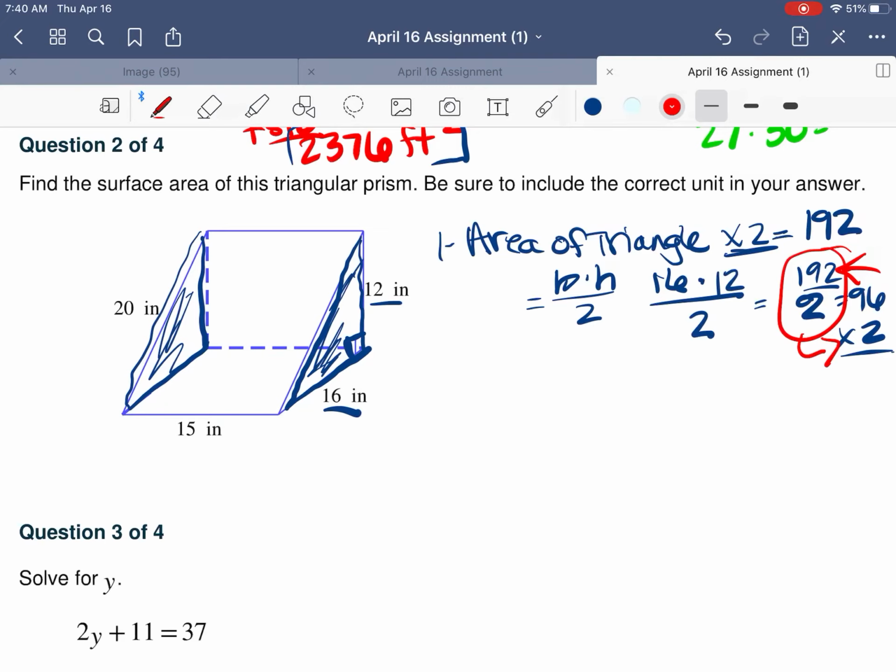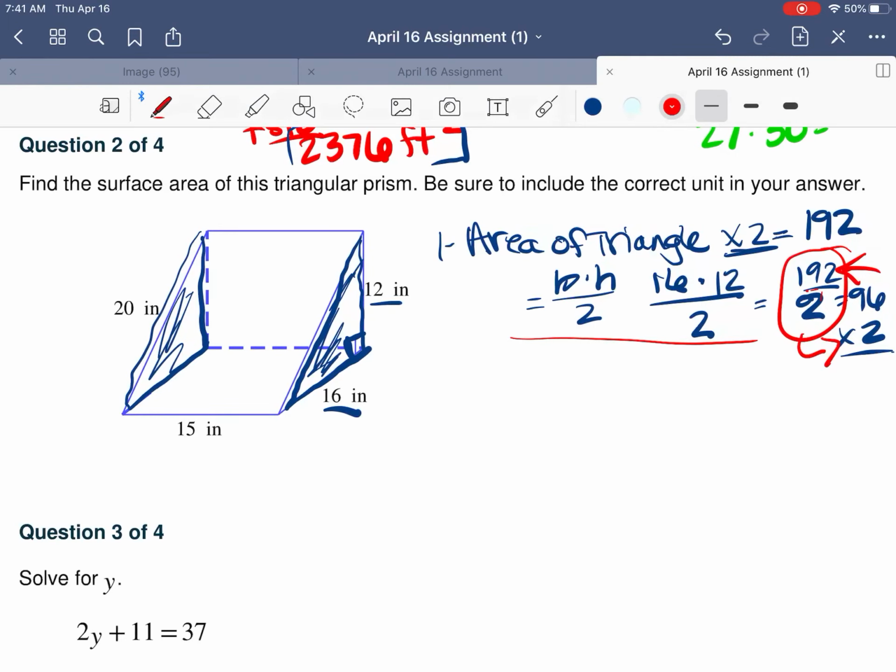So if you understand that concept, that I divided it by 2, but then I timesed it by 2, you could kind of eliminate that step of dividing it by 2 and just leave it at the 192. But if you're unsure of that concept, then just keep following it this way, right here, and then times it by 2.